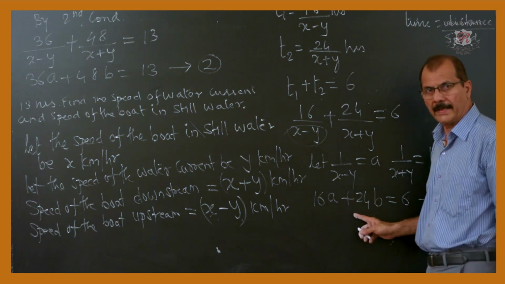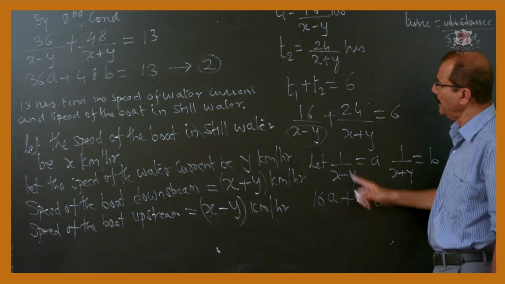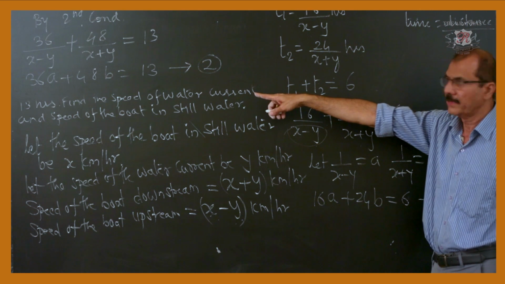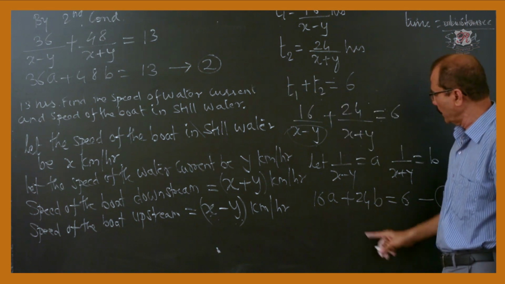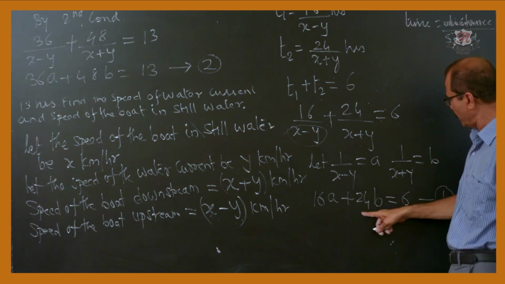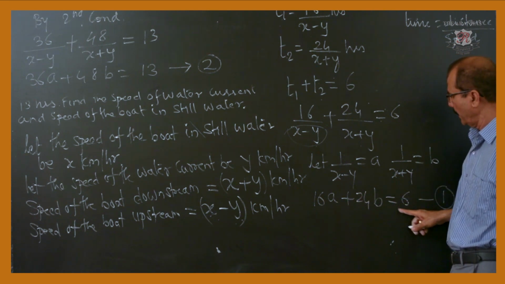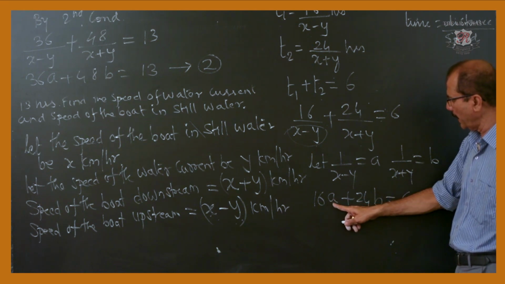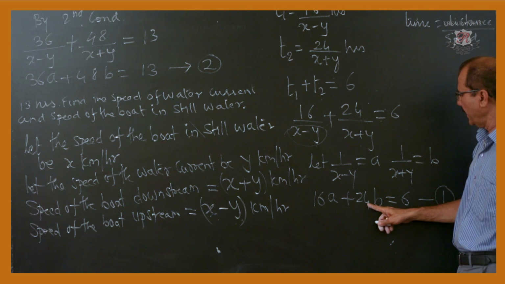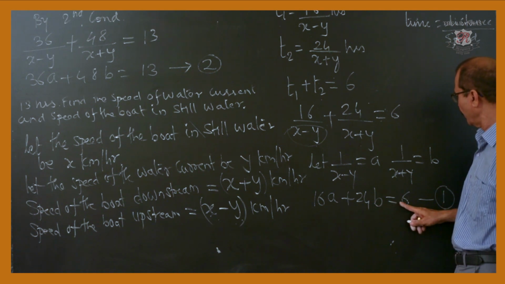So, we will solve it here by the elimination method. 24b is here, 48b is here. So, what I will do is, if I multiply equation 1 by 2, I get 32a plus 48b is equals to 12.